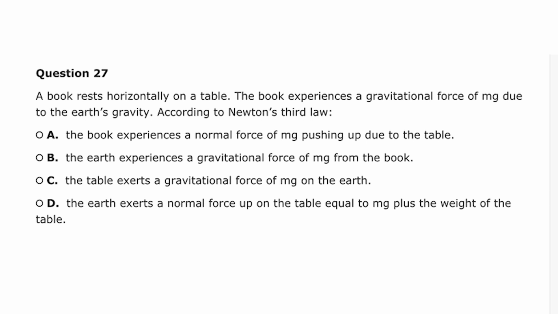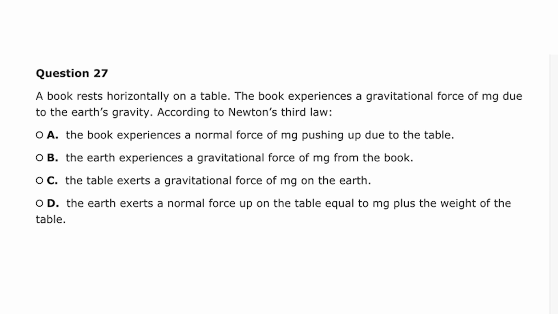All right. So gravitational force, mg, is that mass times gravity? Yep. Exactly. So the book is experiencing that force due to the Earth's gravity. The book experiences a normal force of mg pushing up due to the table.